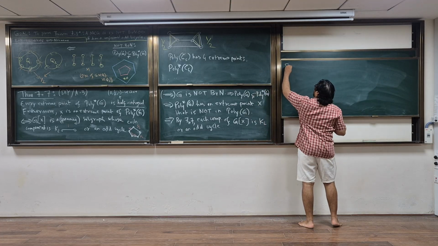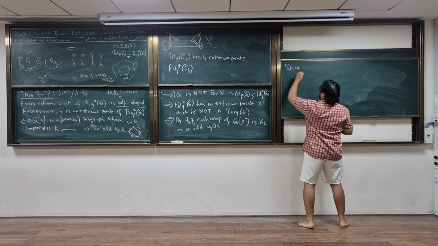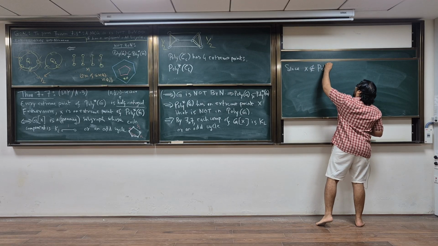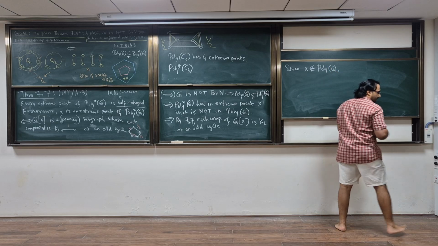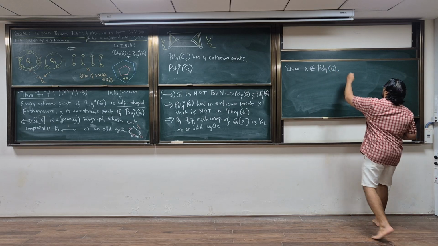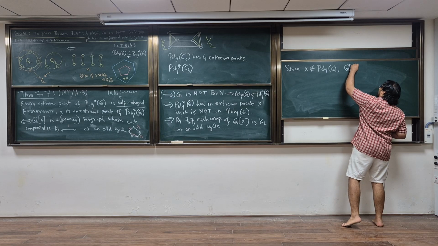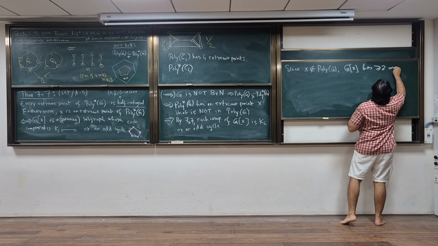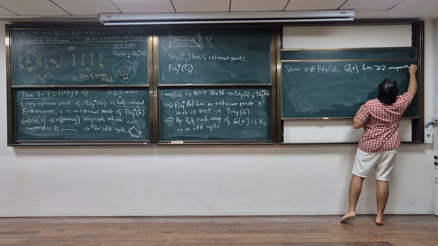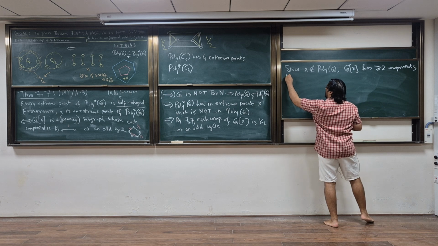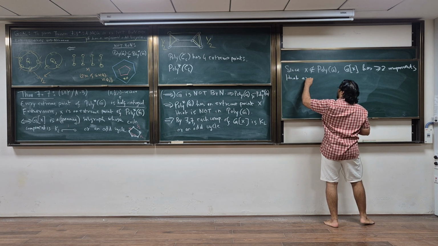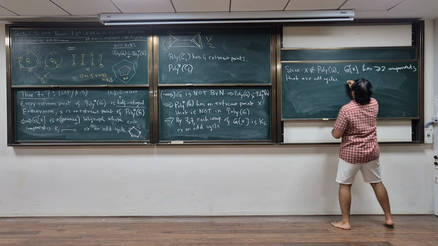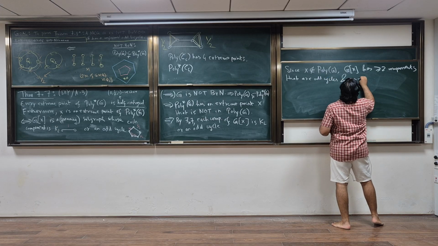Since this point X is not in the perfect matching polytope, we infer that the graph induced by X has at least two components that are odd cycles, and since the graph is matching covered, there has to be an even number of such components.